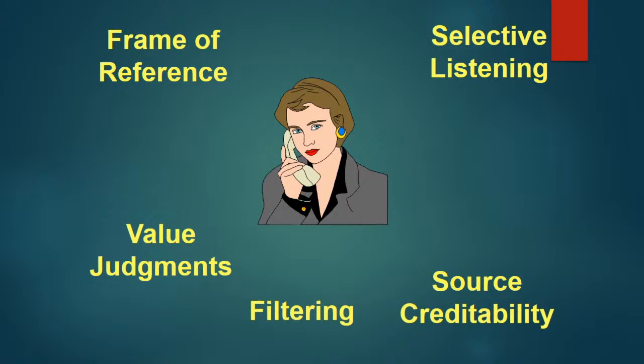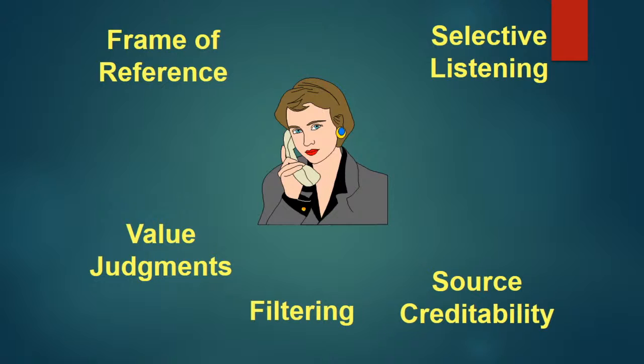Now, what happened in the different presentations? We used to listen to the important things, and we perceive that the other things are not important. Now, this perception may also create the noise and barrier in the communication process.